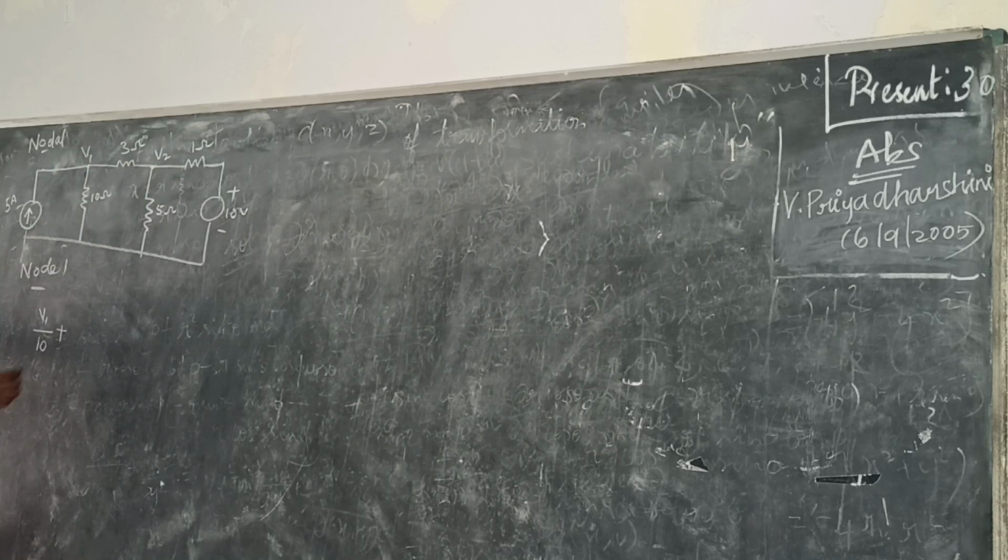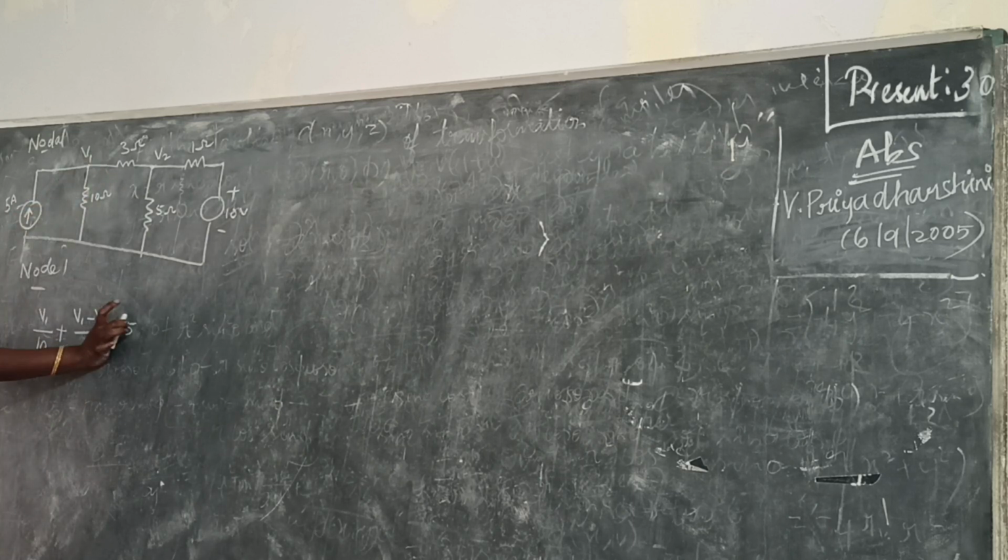It is a current source, isn't it? Whether the current is entering into the junction or leaving from the junction, entering means you should take as positive. That is equal to 5.